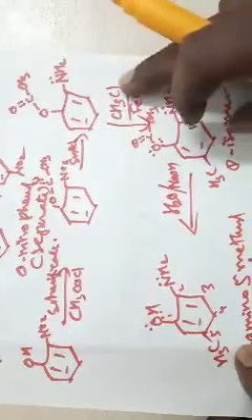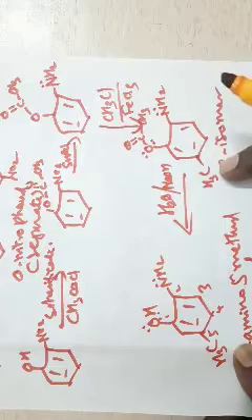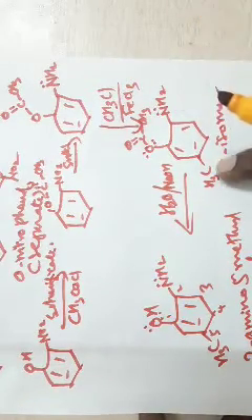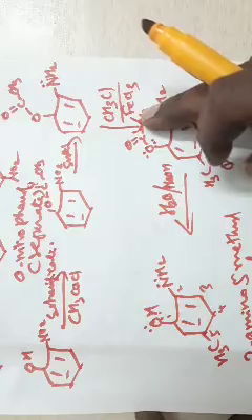If it is alkylated with methyl chloride, you get the para-isomer. The amino group is dominating in its reactivity, so you get the para-isomer. Now, if it is hydrolyzed to remove the acetyl group, you get 2-amino-5-methylphenol.